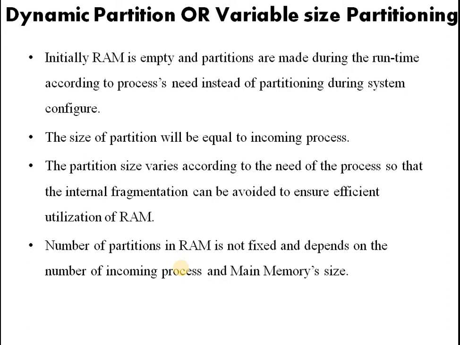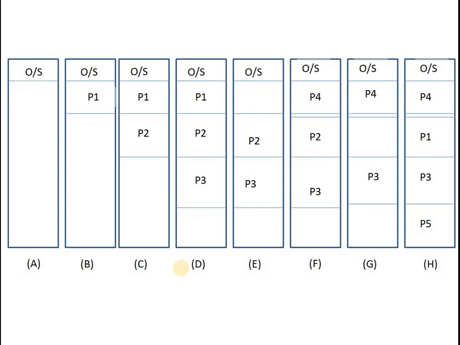But here the partition size varies according to the need of the process. The number of partitions in RAM is not fixed and depends on the number of incoming processes and main memory size. Let's take one example.